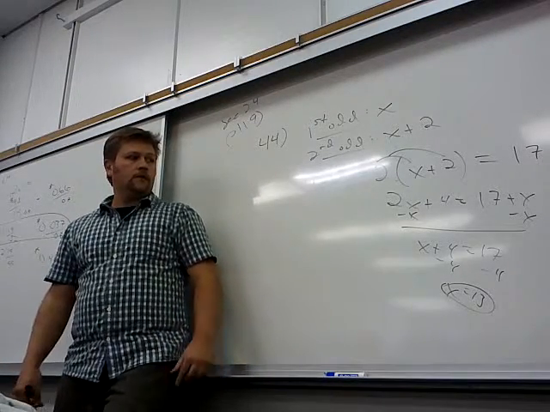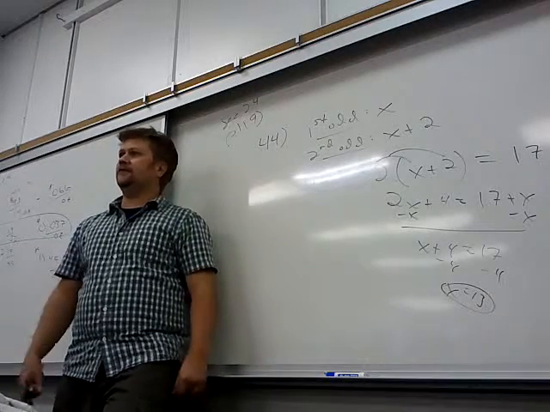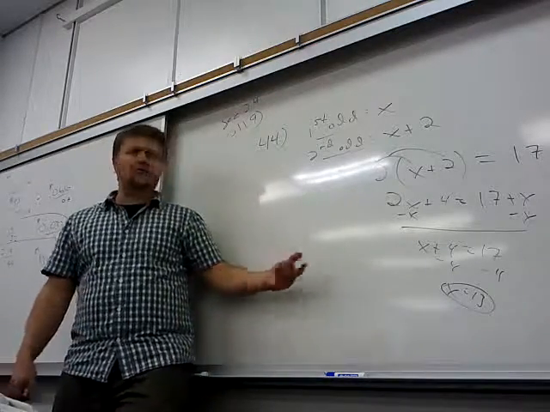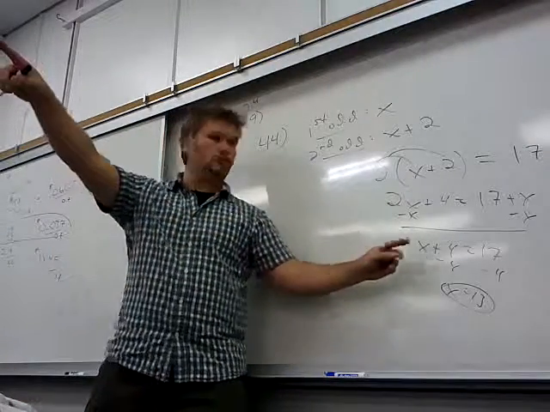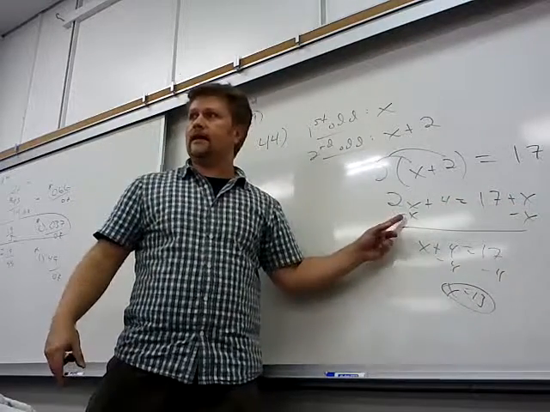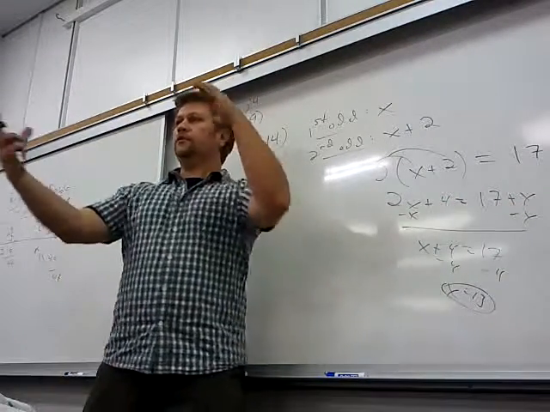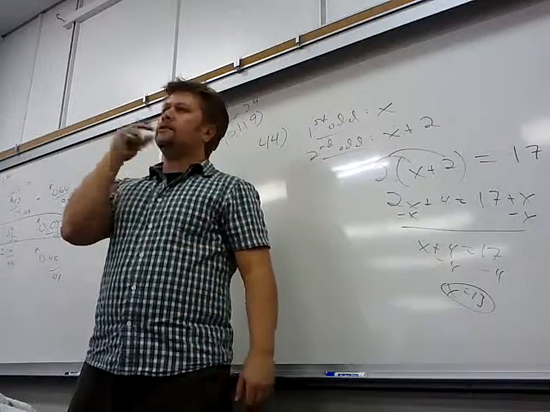I would have subtracted the 4 from both sides. If you subtract the 4 first, the next thing you're going to do is subtract x. So much of what we do doesn't matter what order you do it in. I've got to get my x's on one side and my numbers on the other. So it doesn't really matter if you subtract x or subtract 4 first? No, it doesn't.